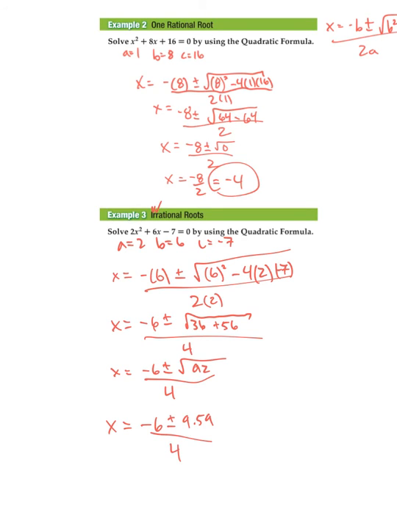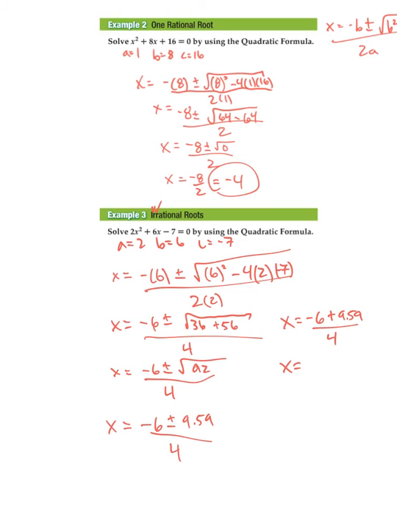When you write this as separate answers, you've got negative 6 plus 9.59 over 4, so let's simplify this one: negative 6 plus 9.59, all divided by 4, you get 0.8975.